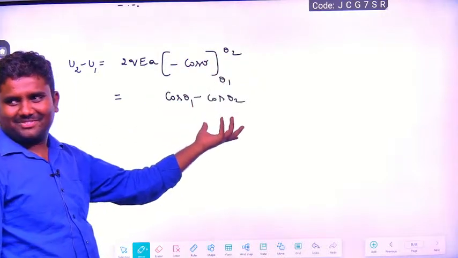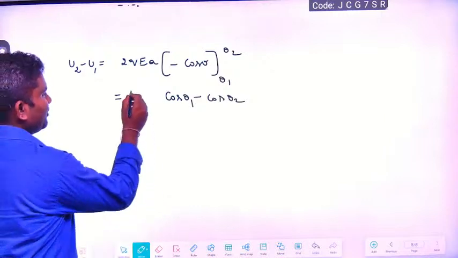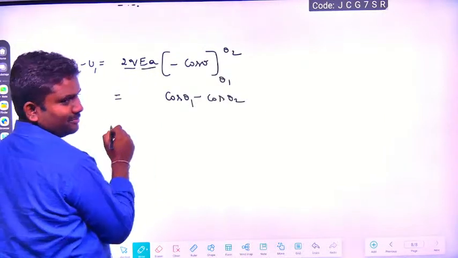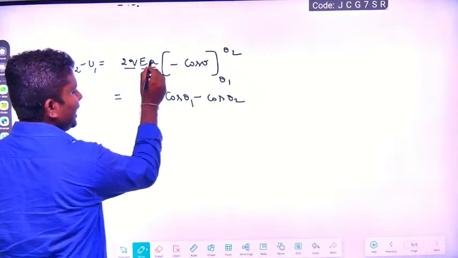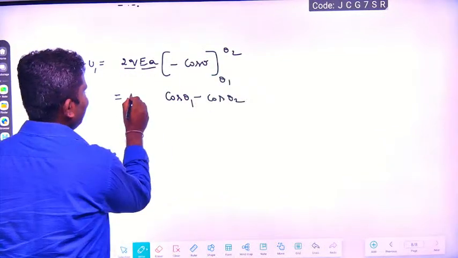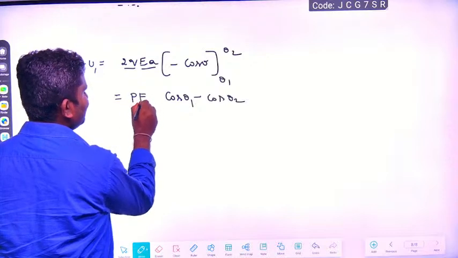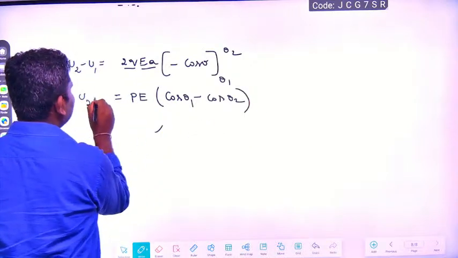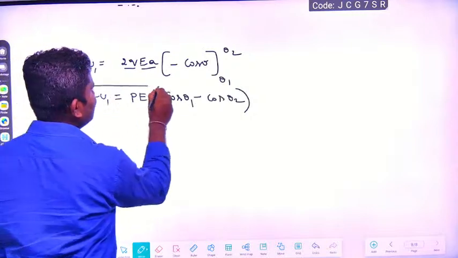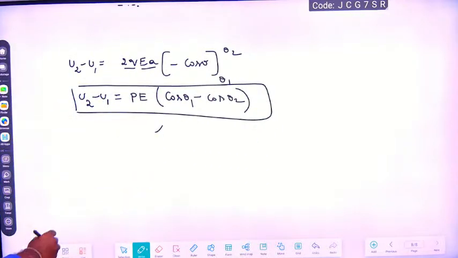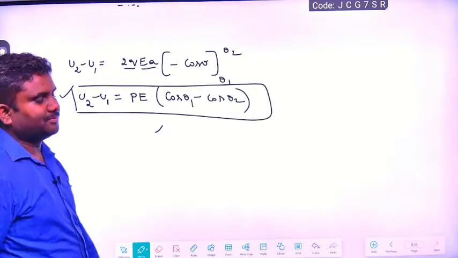So what is 2AQ? It is the dipole moment P. So U2 minus U1 is P cos theta 1 minus P cos theta 2. Till this much you remember. Tomorrow we will do the rest. This is the potential energy.